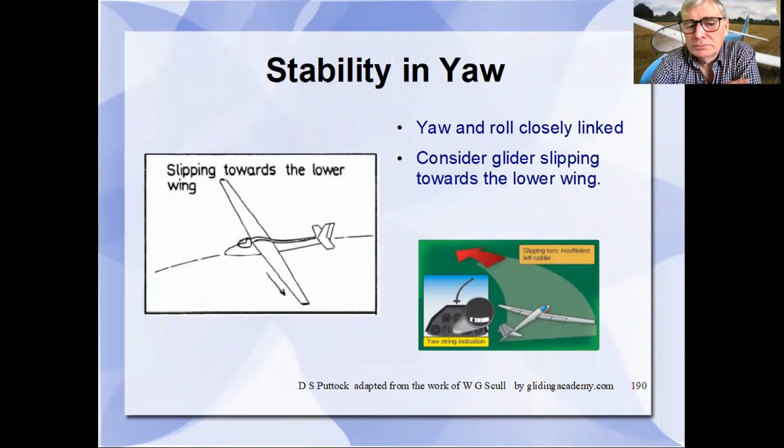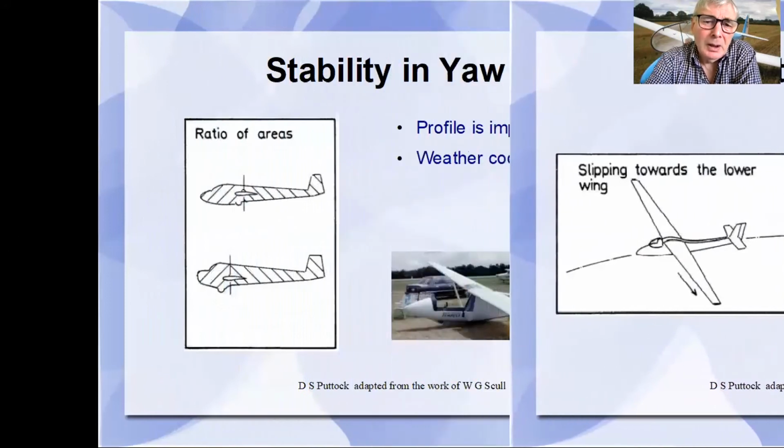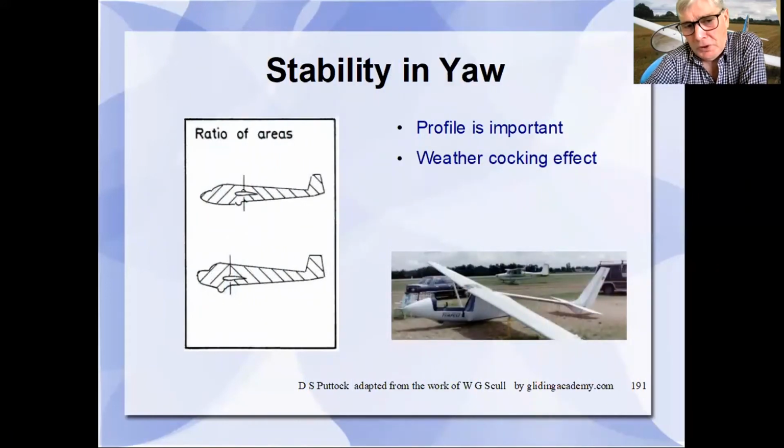Stability in yaw is very closely linked to the stability in roll, so they're interconnected in many ways. Basically, if the aircraft is slipping towards the lower wing, the yaw effect will be quite clear from a practical point of view as the aircraft slips towards that lower wing. But now the profile of the aircraft becomes important.